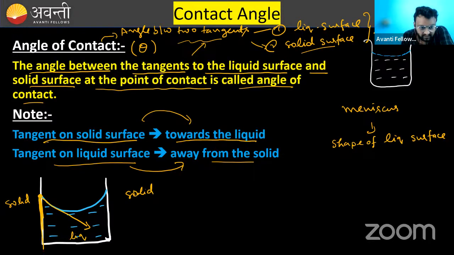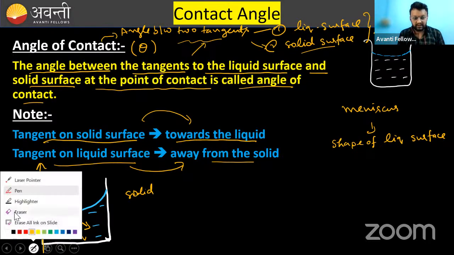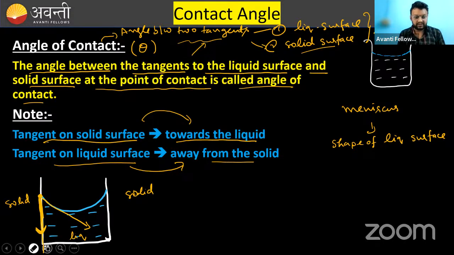Either you can draw the tangent here as well, but you can see that this tangent is not towards the liquid. It's away from the liquid. So you need to choose the tangent which is towards the liquid. So this is towards the liquid, and I am deleting the above tangent.